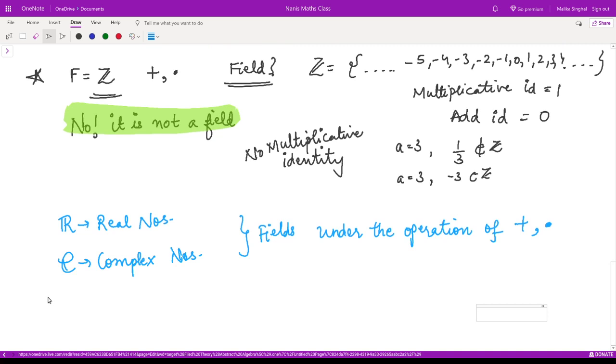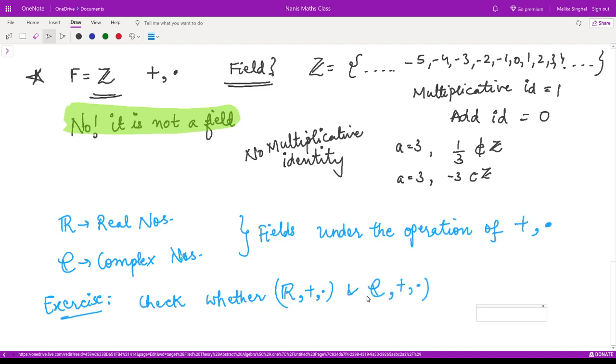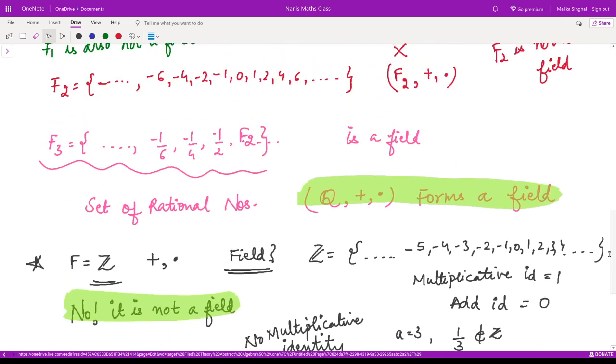Exercise: check whether R together with addition and multiplication and C together with addition and multiplication are fields or not. I told you they are fields, but still I recommend you to check every property so that you are habituated to these kinds of things, right?